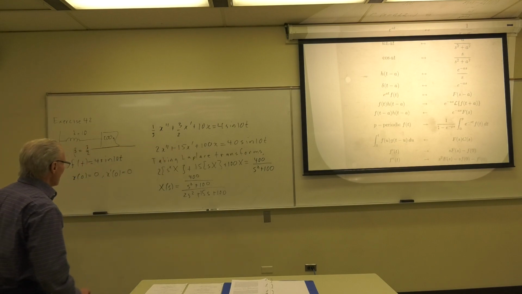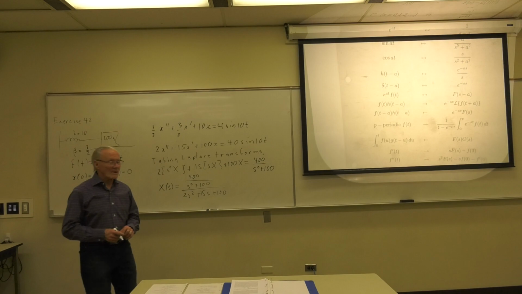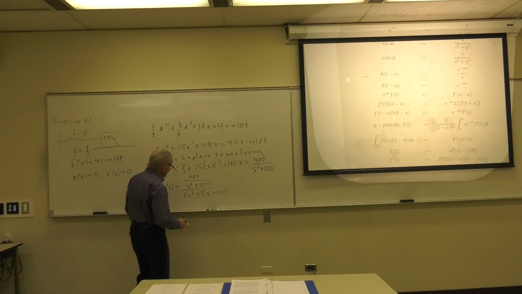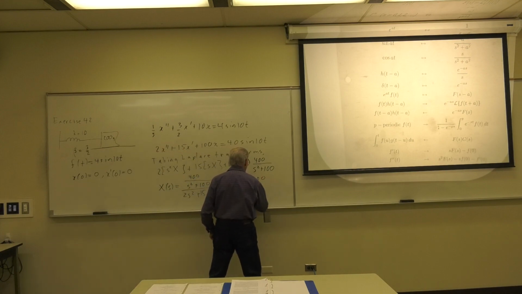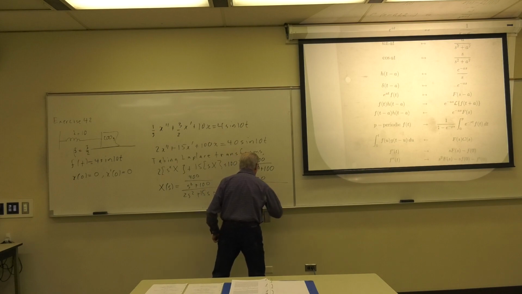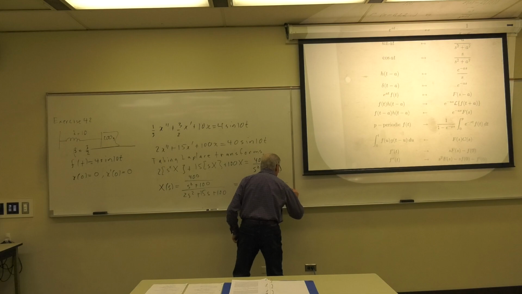All right, so all we now have to do is invert, and we will have the solution to the problem. To invert, there's not much choice but to write X equals 400 over s squared plus 100, times 2s squared plus 15s plus 100.